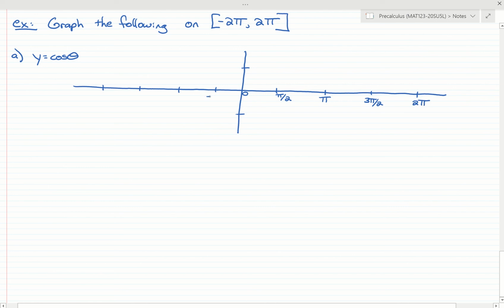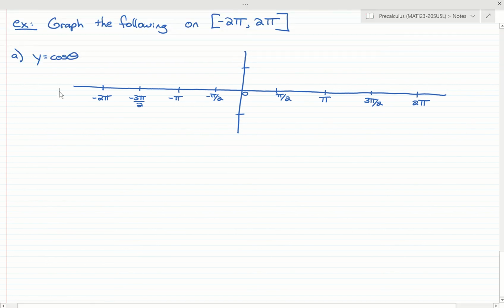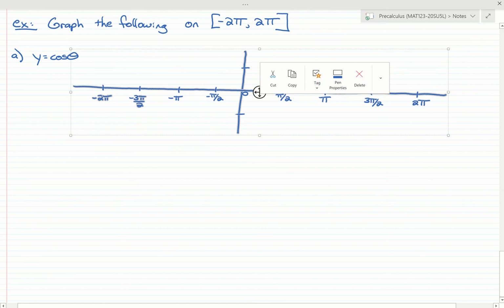We could also label the negative points. And let's go ahead and graph this. Actually, what I'm going to do is I'm going to copy this graph so it's already made for the other two graphs that we're going to do later on.